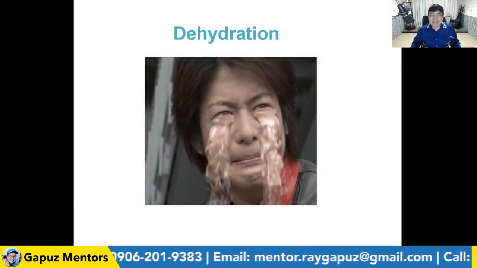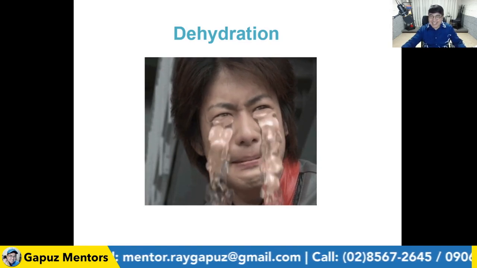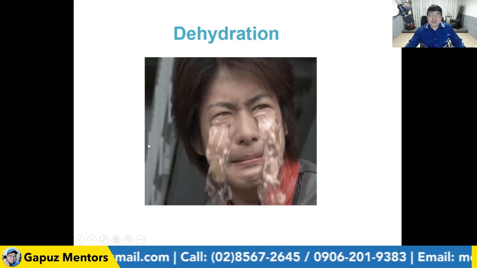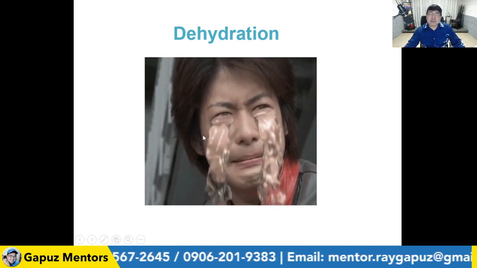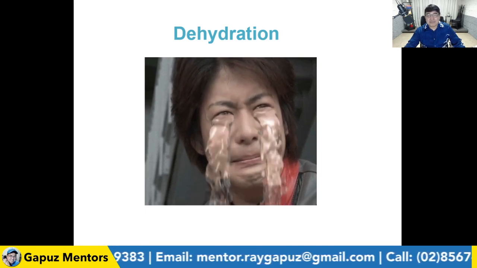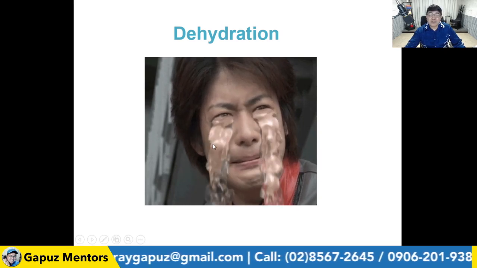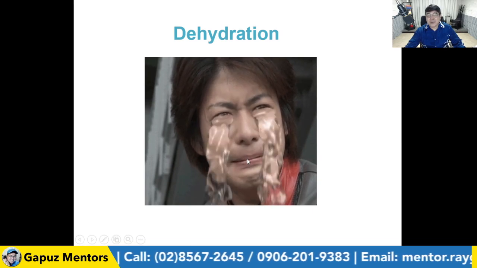Okay, let's begin. Okay, can you get dehydrated from crying as hard as this? Well, let's create a story. What could have caused the crying? Could this person be someone who just broke off with a girlfriend, or someone who lost a loved one, or someone who lost a savings due to a scam, someone who lost a car?